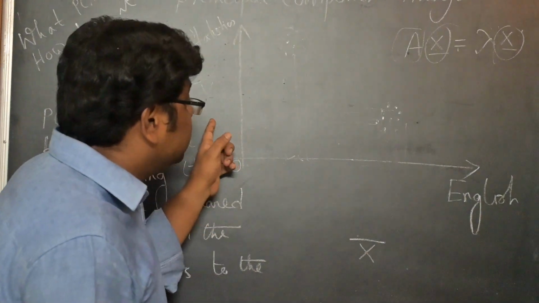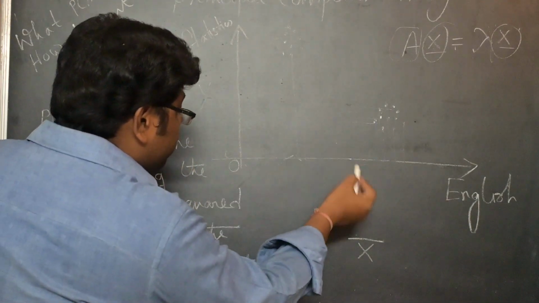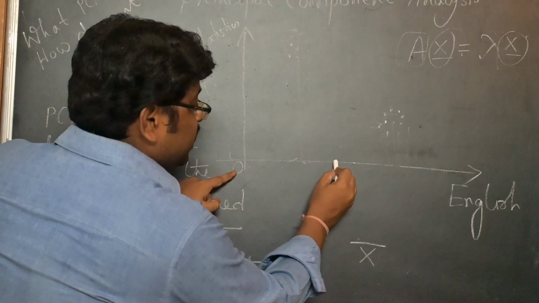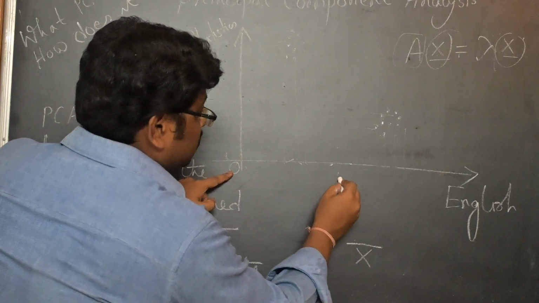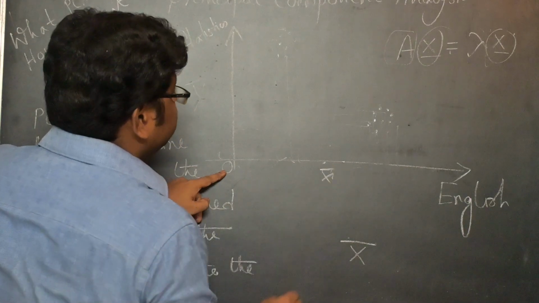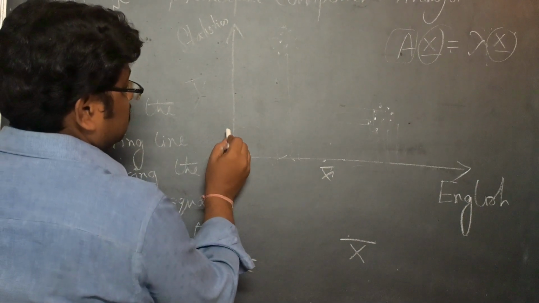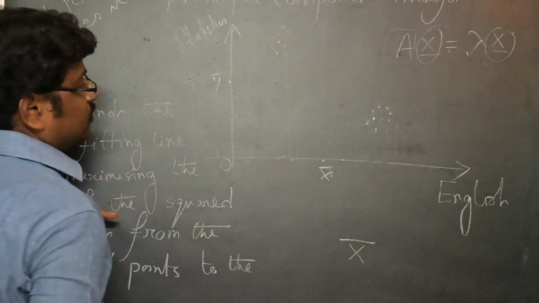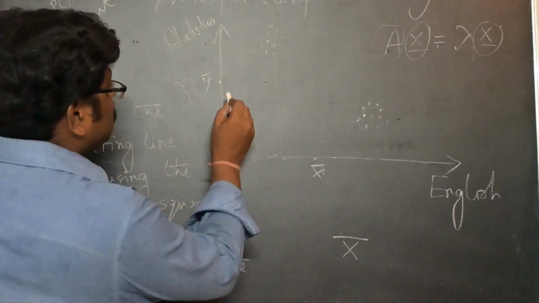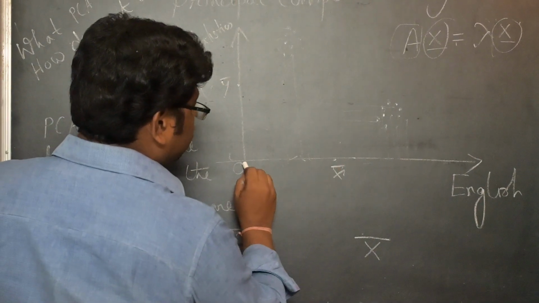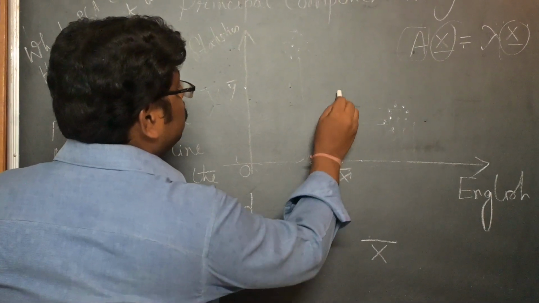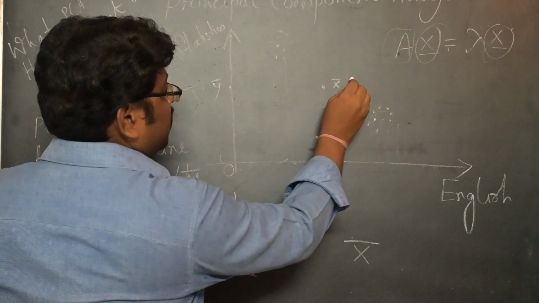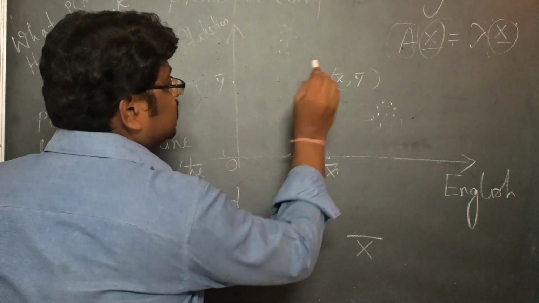If we plot this point on the axes, here is x bar and here is y bar, so we go to this point, x bar comma y bar. This point represents this.